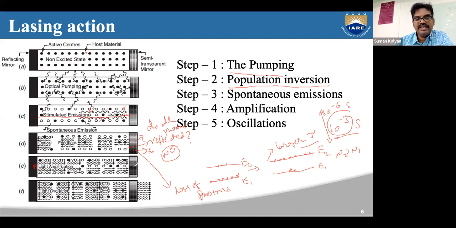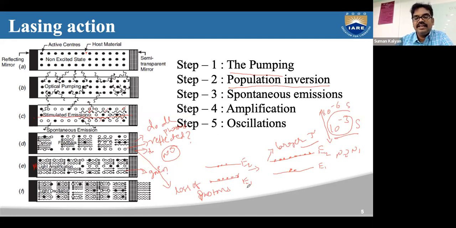So when these atoms are coming back from this mirror, there will be gain. That is, the number of photons will be increased because they will be stimulating the atoms in the higher energy state.